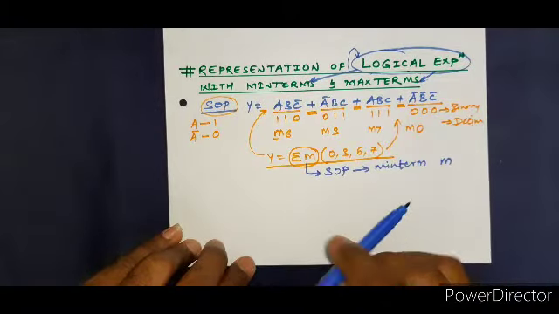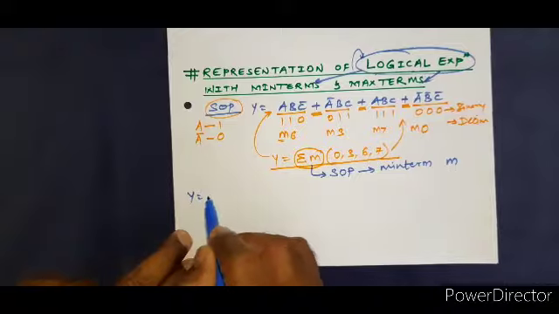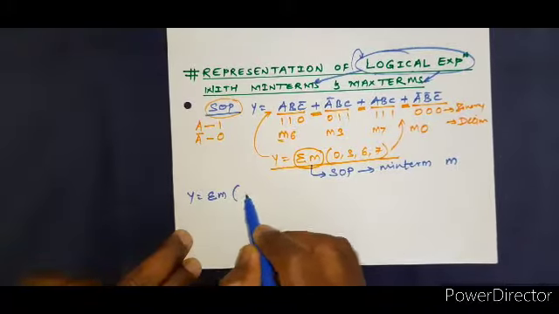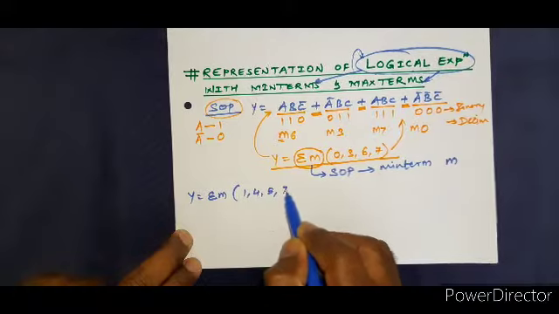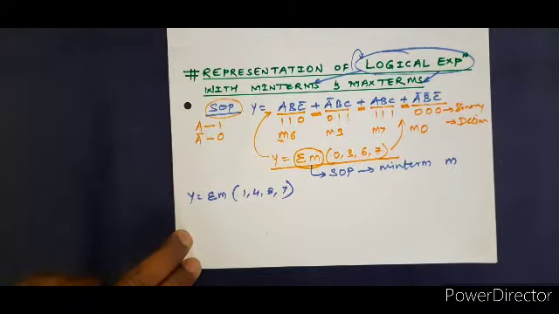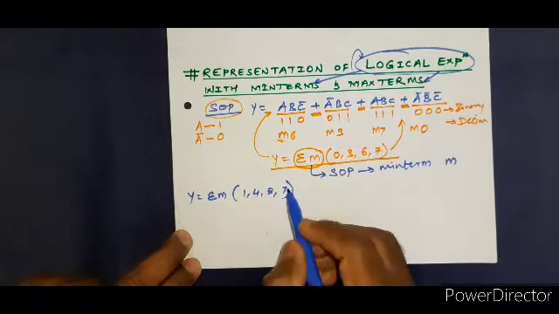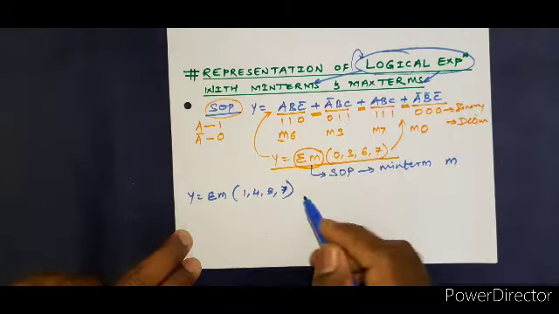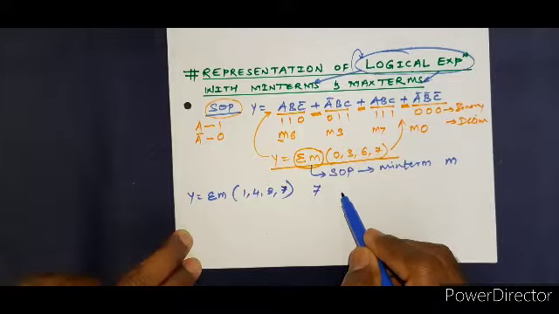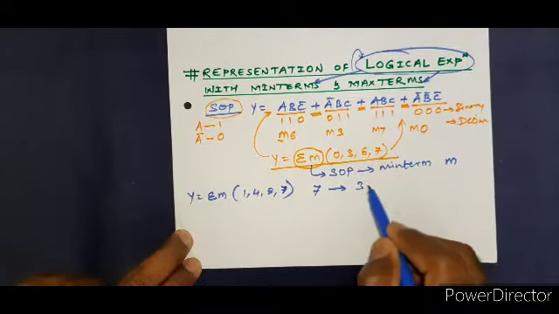Vice versa, let us try. I have the equation y equal to summation of small m 1, 4, 5, 7. Here the largest number is 7, which corresponds to 3 variables.